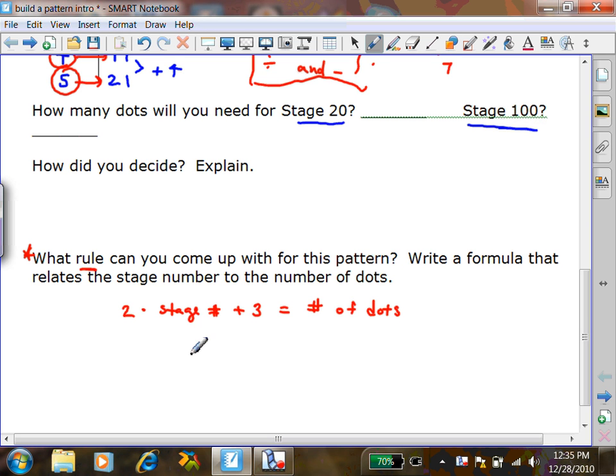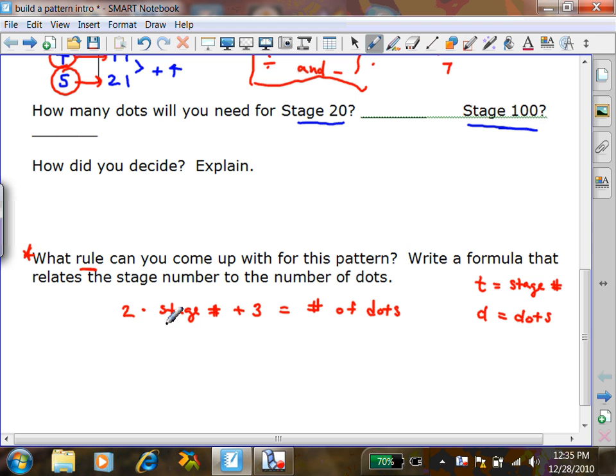And then I might take that one step further and say, okay, I'm going to use T to stand for stage number. I just don't like the variable S. I would use S, but S looks like a 5. And then I'm going to use D for dots. So let's take this and go one step further and put in variables.